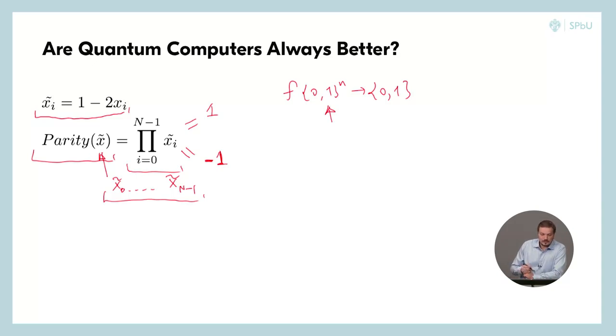We have to compute all the function values, then multiply them. So the classical complexity is not even O of n, but just n. And maybe with the quantum black box, we can do better.